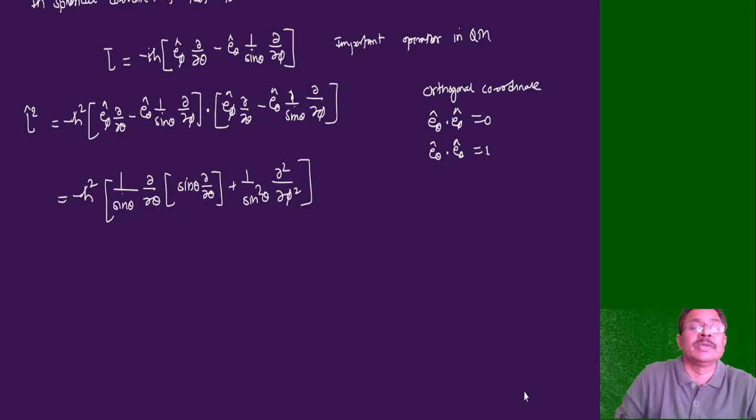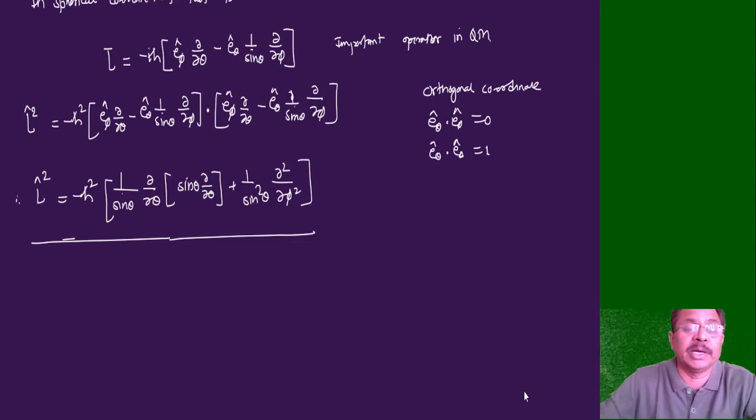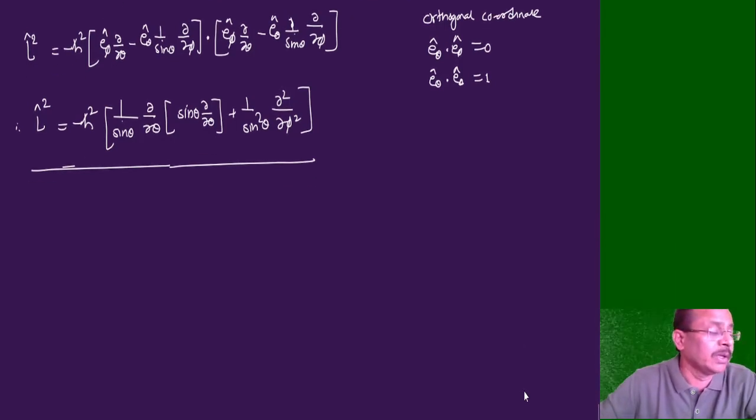So this is the L square operator in the spherical polar coordinate system. Try to understand, this is the L operator and this is the L square operator, which is obtained by taking L bar dot L bar.